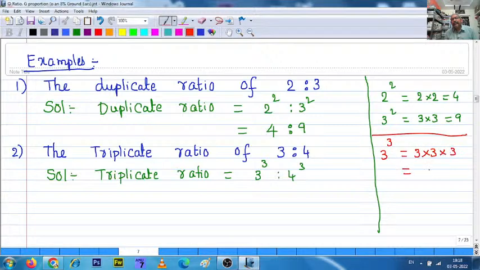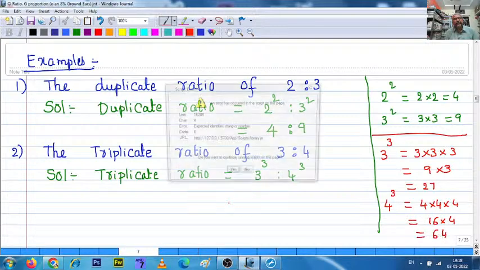So 3 into 3 is 9, 9 again multiplied with 3, 27. Similarly, let us find 4 cube. 4 into 4 into 4. 4 into 4 is 16, 16 multiplied with 4 is 64.